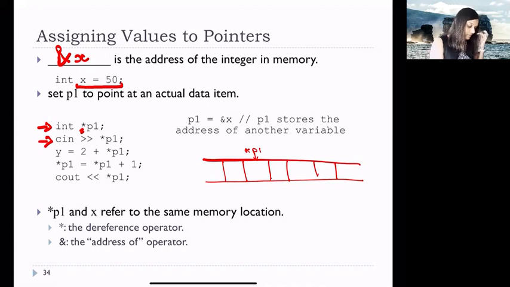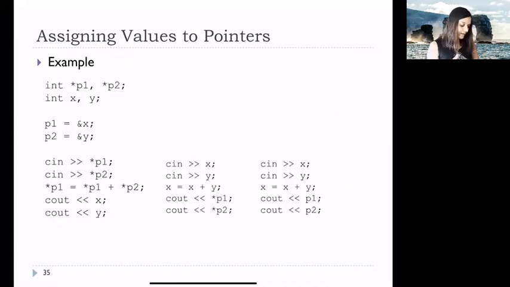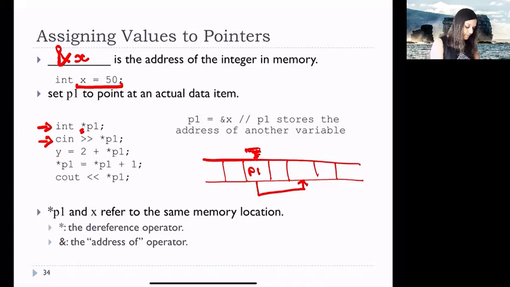Let's say the pointer P1 is pointing to something, and whatever it's pointing to is being input by the user. So you take the value. Let's say the user is inputting here, because it's an int, an input of 20. So then 20 will be stored here.